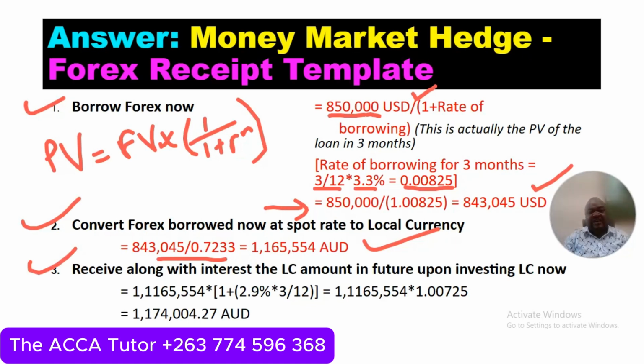You receive, along with interest, the local currency amount in future upon investing the local currency. What does that mean?